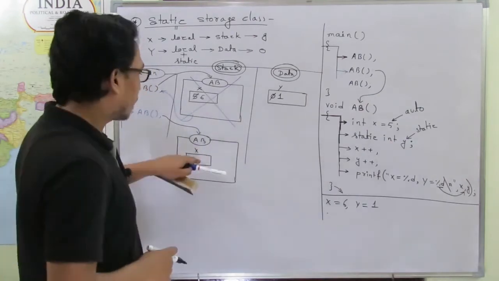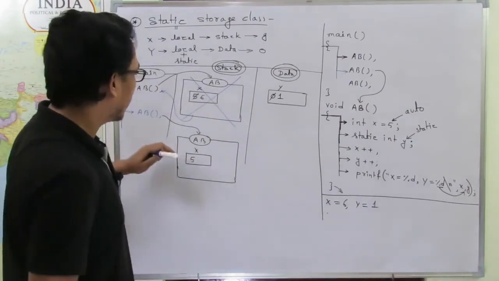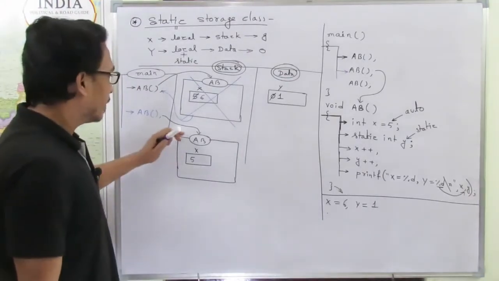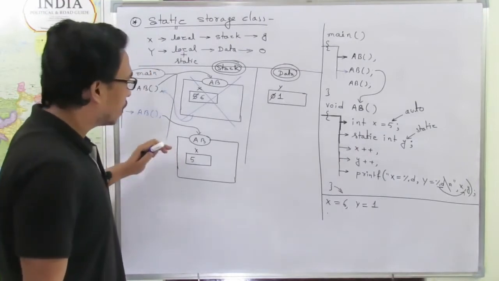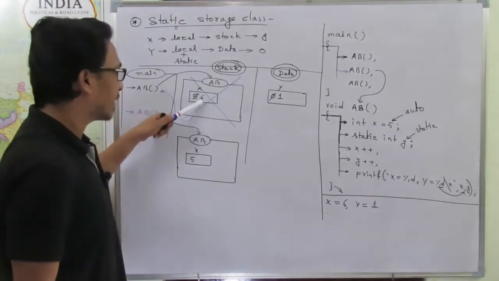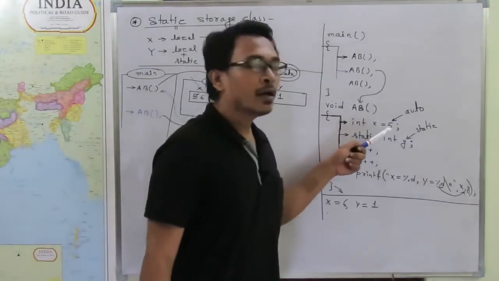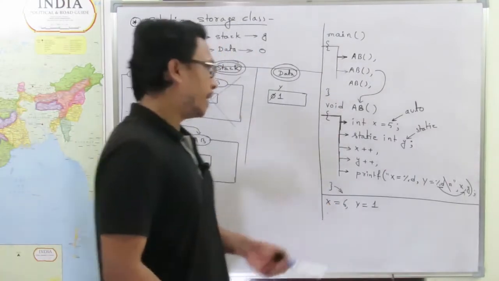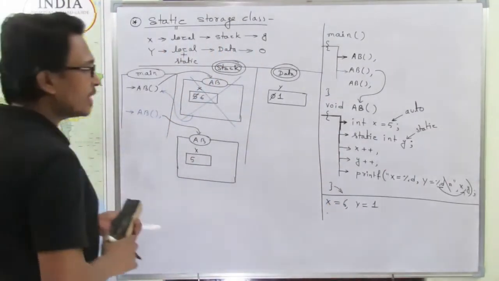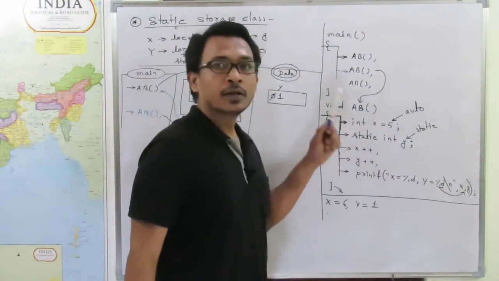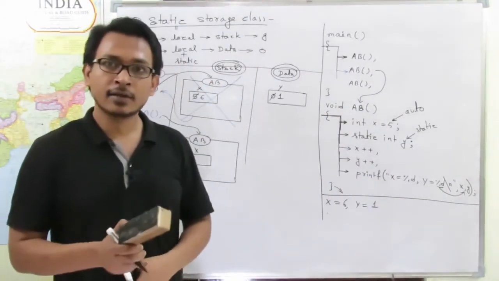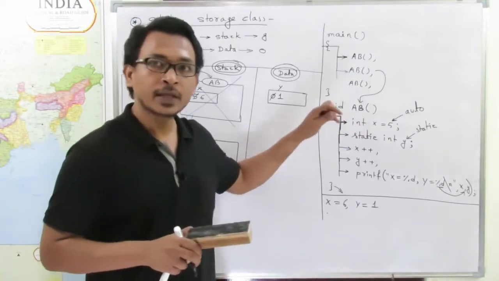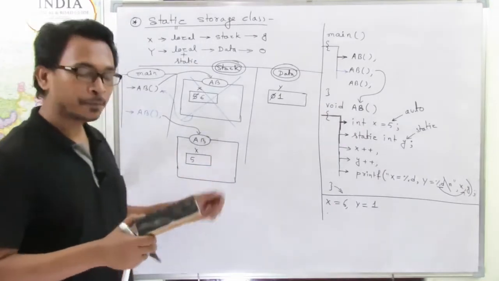Now look, this is the second instance of ab function execution, and in the second instance we lost the previous value of variable x, as x is a normal local variable. X is not a static local variable, so as it is a normal variable, that's why the system again allocates memory for this particular variable x. Clear? In the new instance of execution.